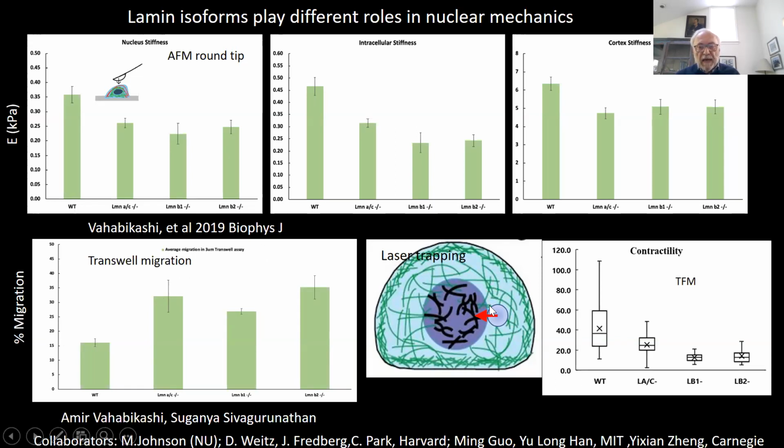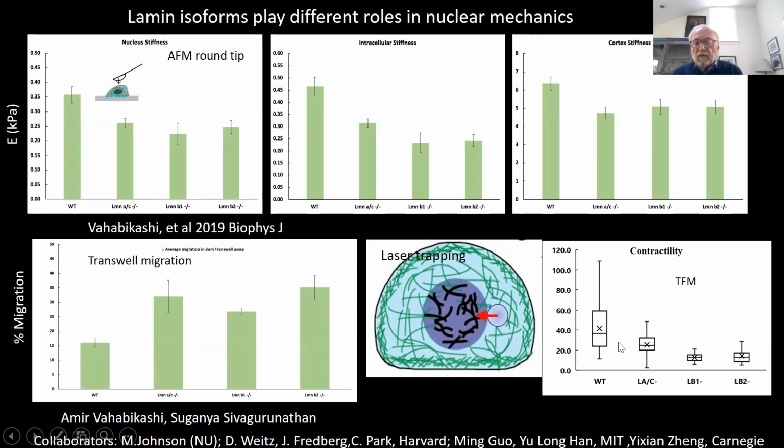We're working with Ming Gao, who's at MIT, who's an expert on laser tweezers, laser trapping, and we're using laser trapping, beam microrheology to begin to push on the nucleus and understand its mechanical properties in live cells. And I can say that the data so far that we get for all the lamin isoforms fits beautifully.